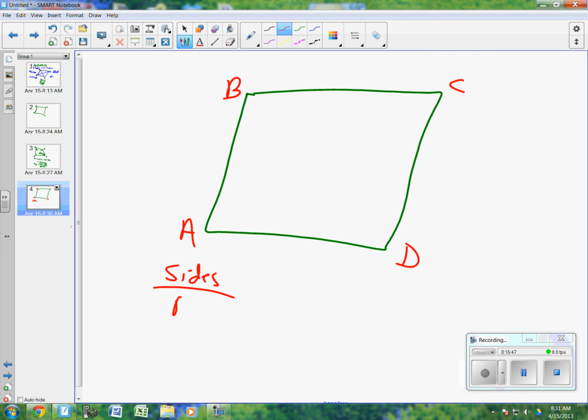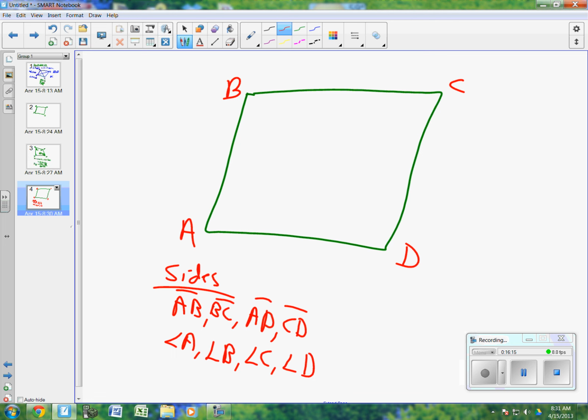So sides are AB, BC, AD, and CD, isn't it? Okay, name what was the next thing? Name the angles. Angle A, angle B, angle C, and angle D, okay?